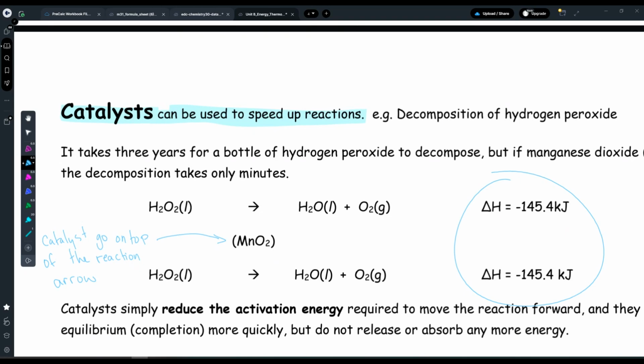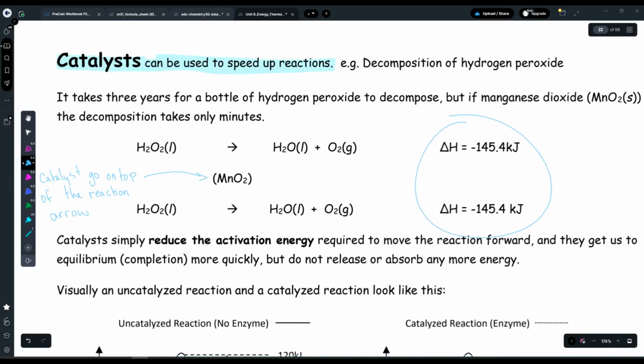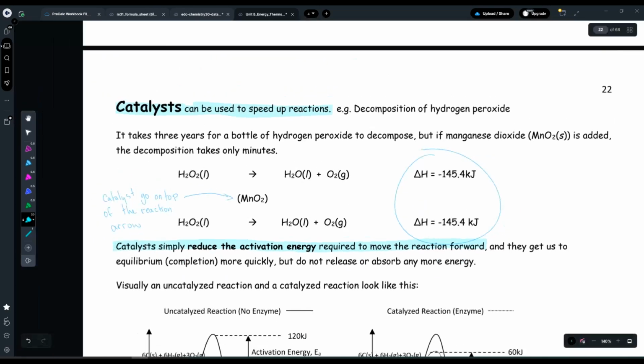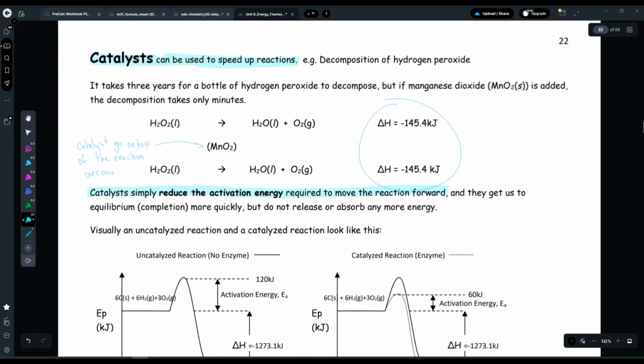The whole point of a catalyst is that it reduces the activation energy required for the reaction. However, it does not change the change in enthalpy. Catalysts reduce activation energy, which in turn helps speed up the reaction, but it does not change the change in enthalpy.